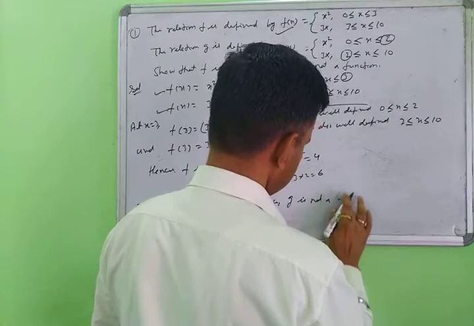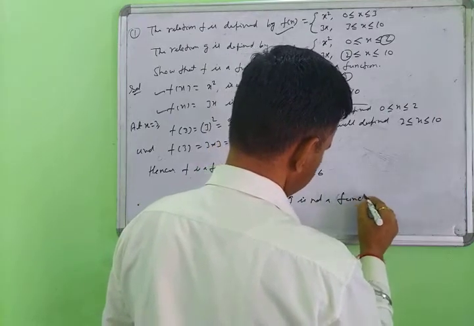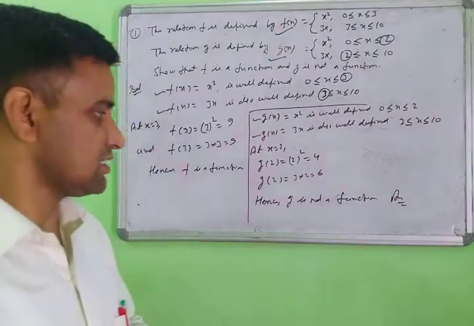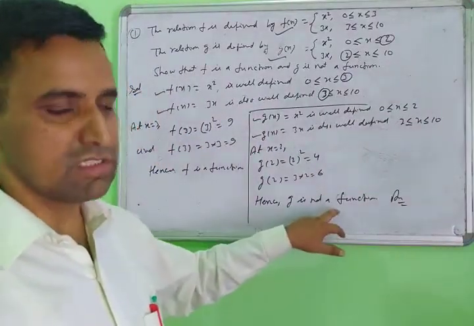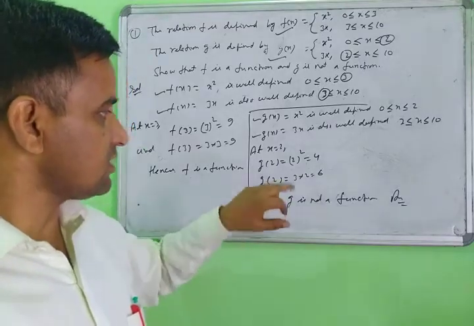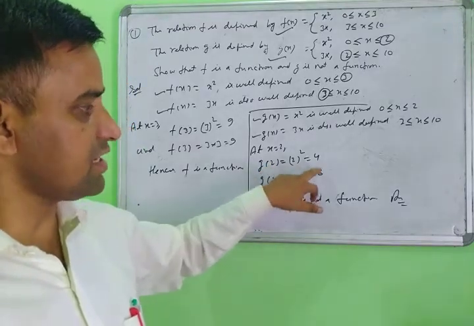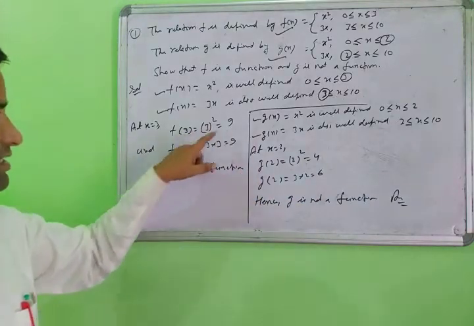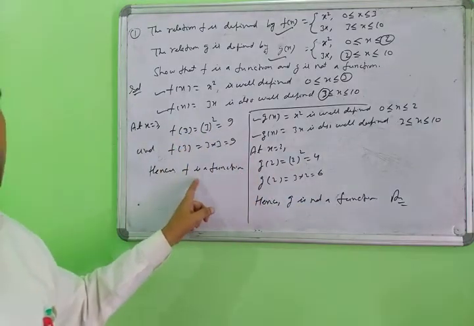It means g is a simple relation. g is not a function means g is a relation, because here 2 has different images, so this is not a function. Here 3 has the same image, so f is a function.